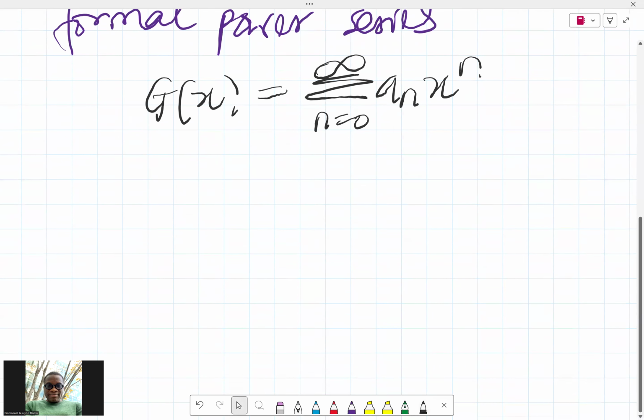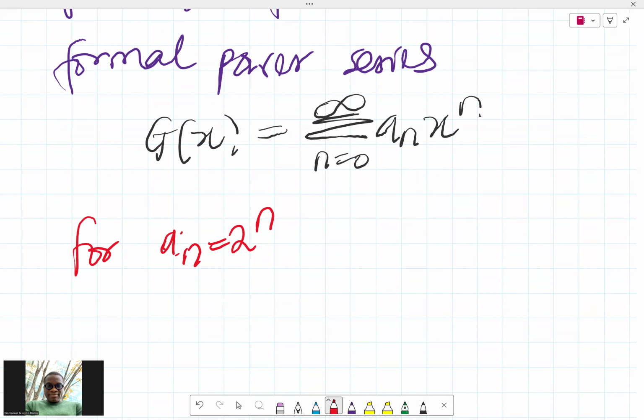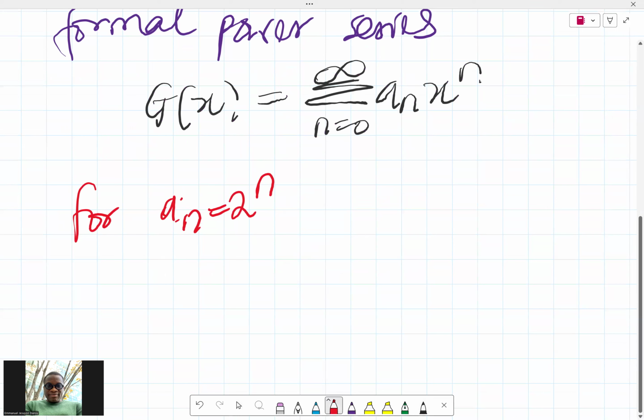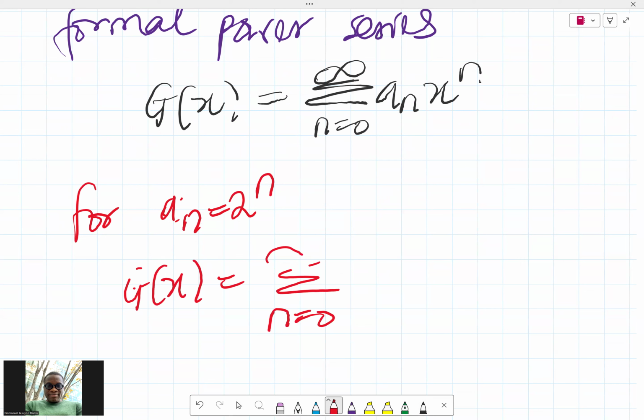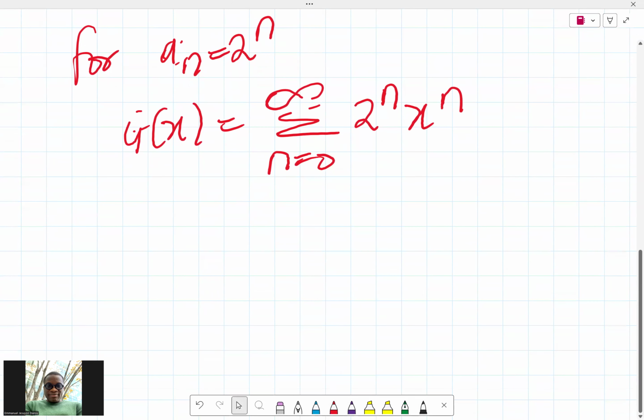In this case, for a_n equal to 2 raised to power n, G of x now becomes the summation from n equals 0 to infinity of 2 raised to power n, x raised to power n. So that's what we have right now.